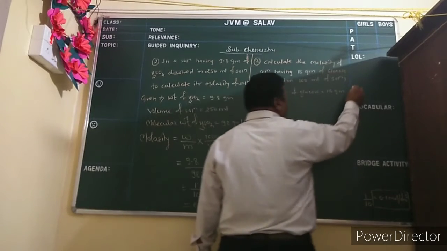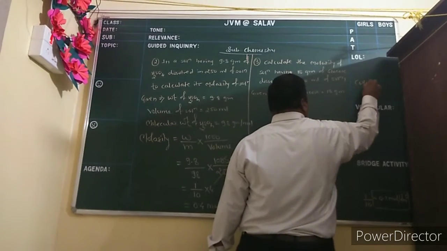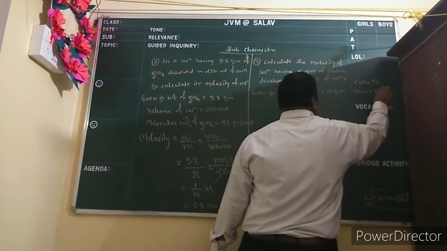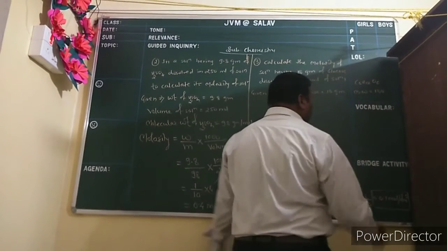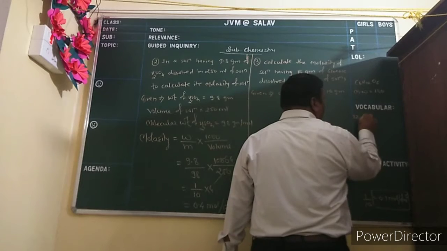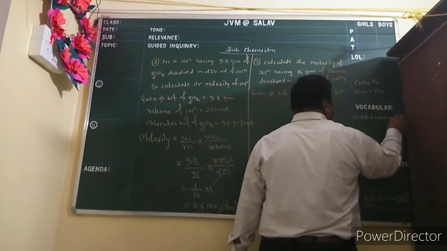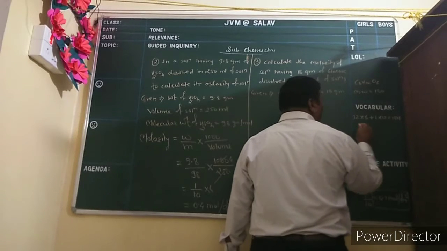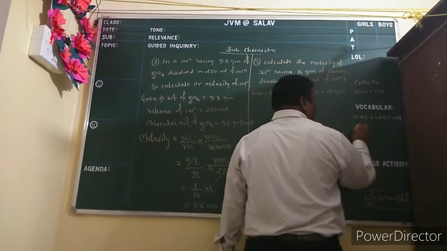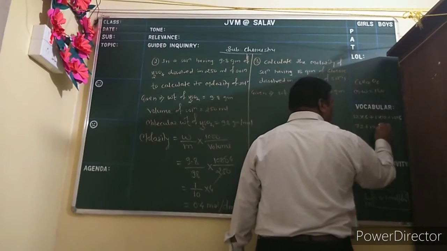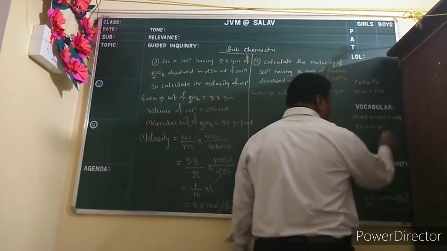You know the molecular formula of glucose, C6H12O6, and its molecular weight is 180. You know how it is 180? 12 into 6 plus 1 into 12 plus 16 into 6, that is 72 plus 12 plus 96.